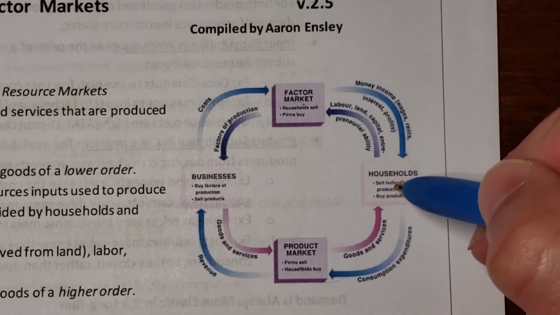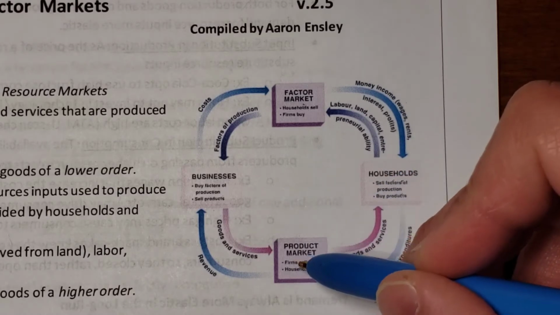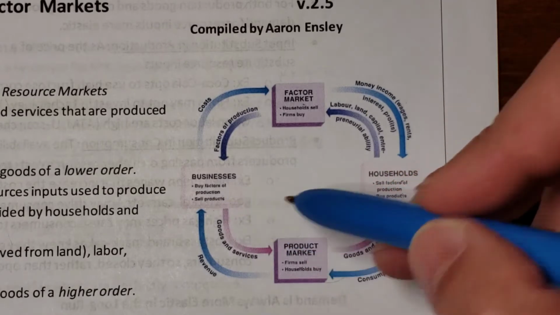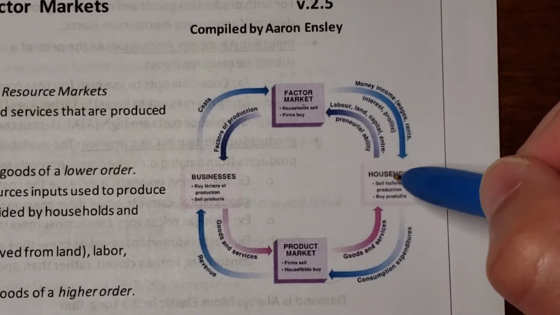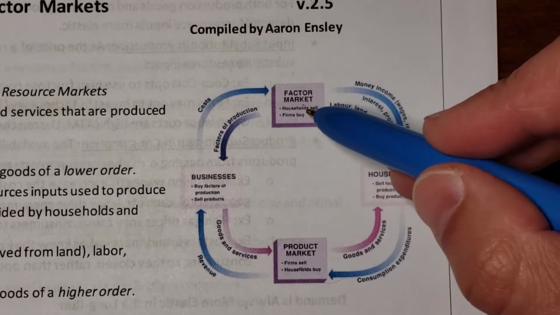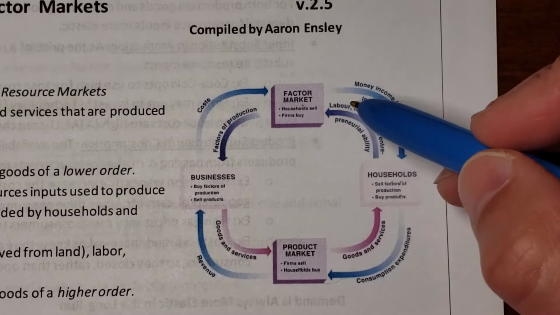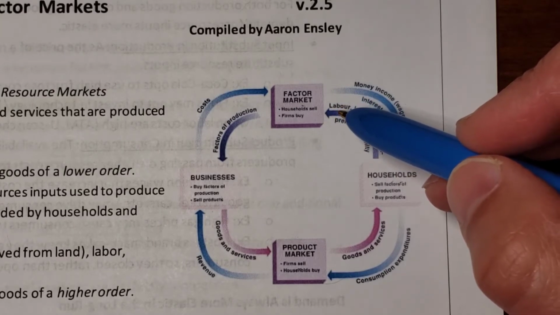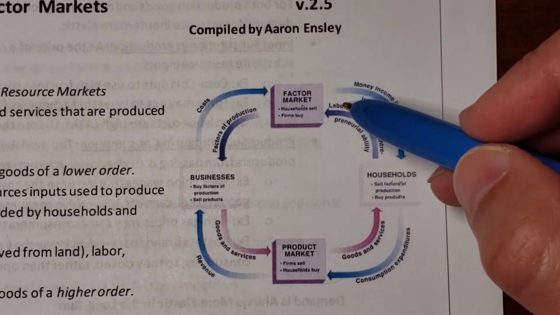So households demand products, and they spend money in the product market, and then that money becomes revenue for the firms or the businesses. Households supply resources in the factor market or the resource market, right? These are interchangeable terms. And those resources might include land, labor, capital. The easiest thing to think of is working, right? Somebody who's a worker.